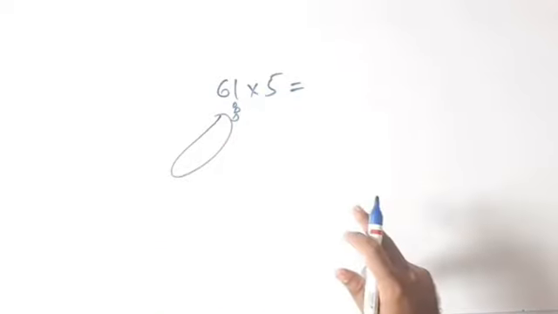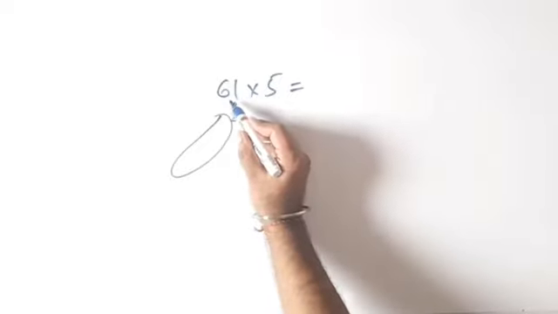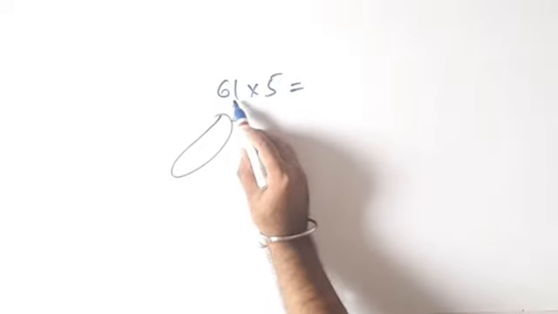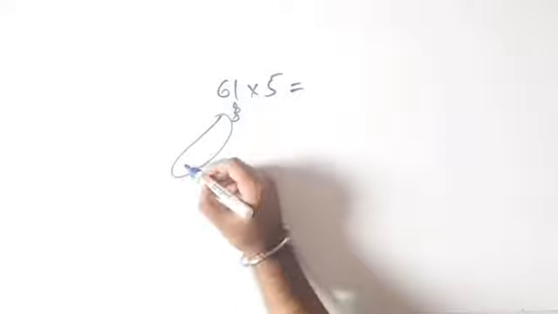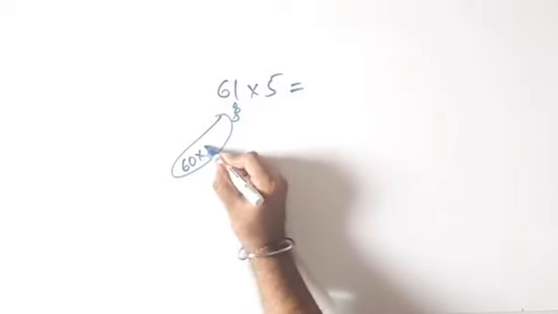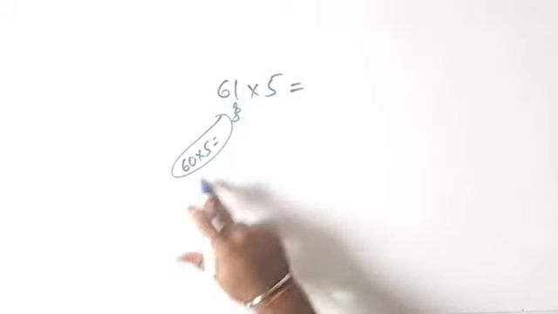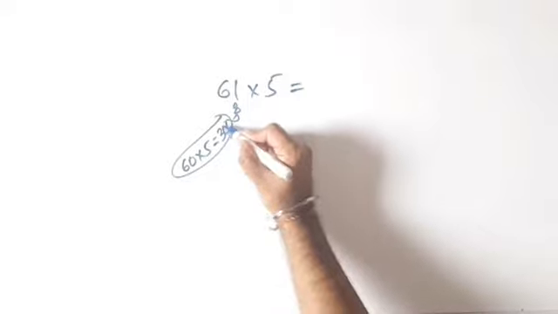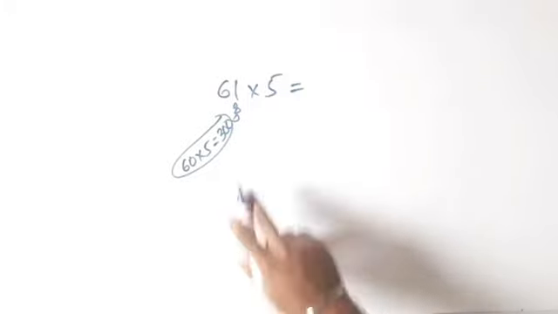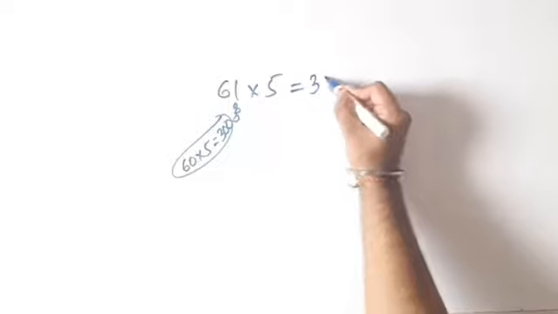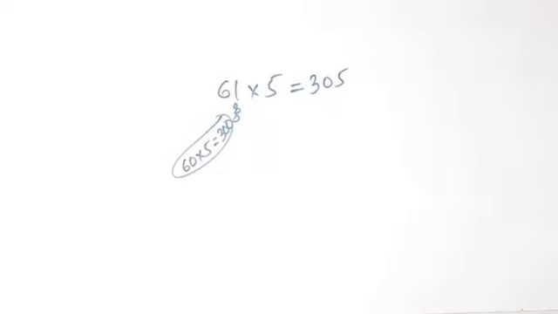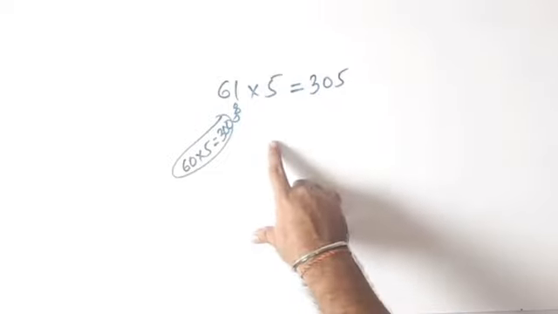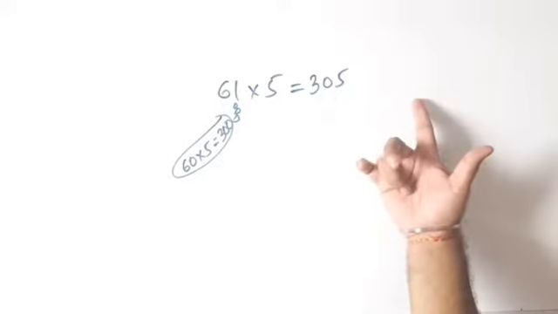This should be in your mind. I don't know what is 61 times 5, but I know what is 60 times 5. I just have to make its half. It is 30, so 300. So instead of 300 you just put 5 more.